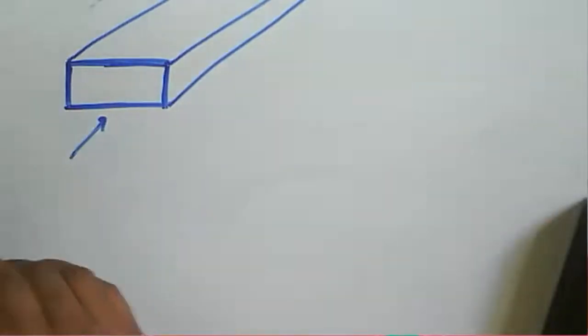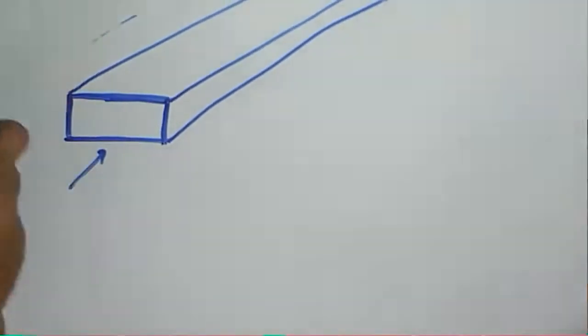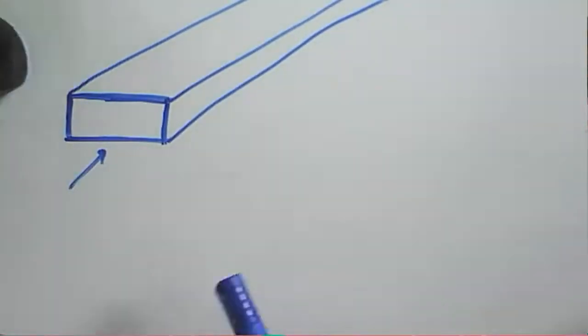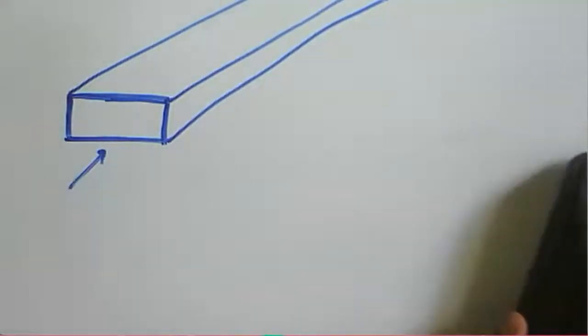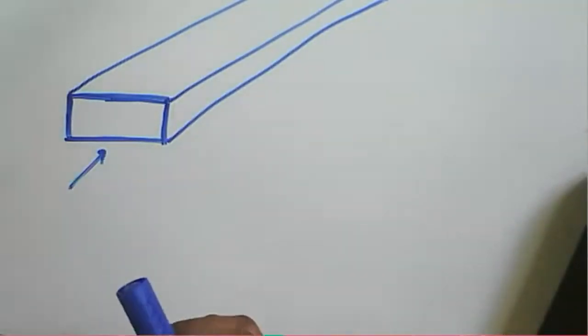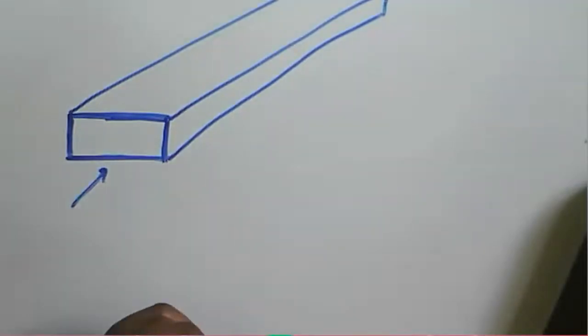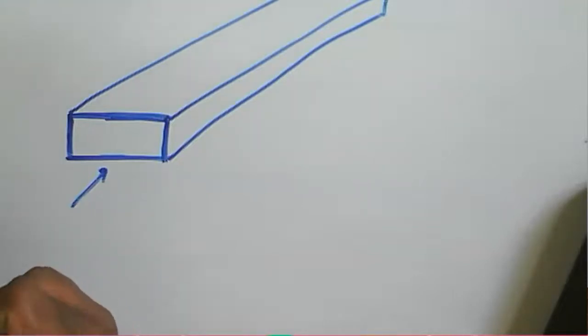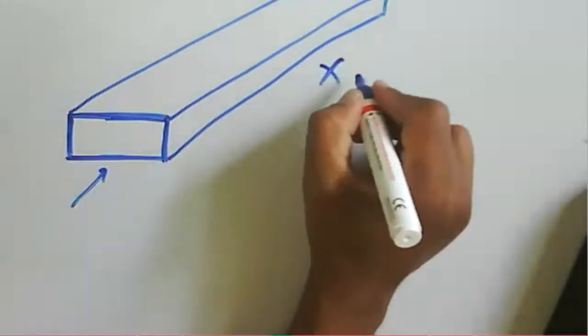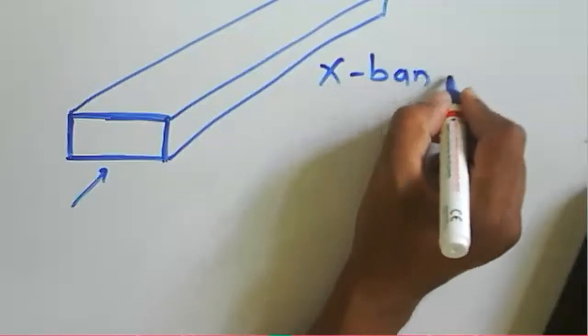Now, at what frequency are these rectangular waveguides used? Generally, rectangular waveguides are designed to operate at different frequencies. But in our laboratory, we have rectangular waveguides that operate at the X band of frequency.